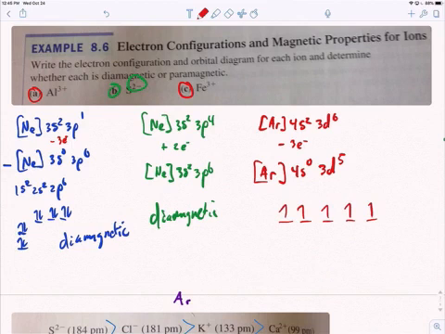So iron plus 3 is extremely paramagnetic. In fact, you can have iron plus 3 that's a permanent magnet. That's known as magnetite. So iron plus 3 is paramagnetic. Questions with this?